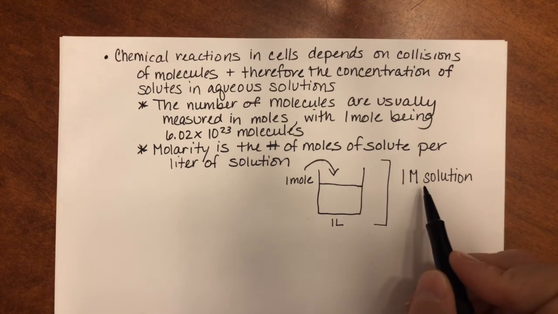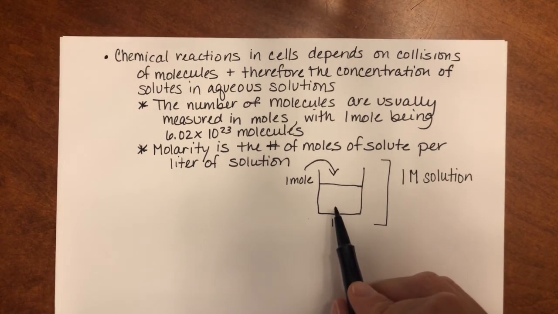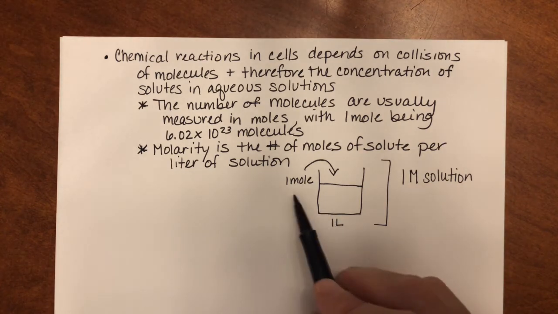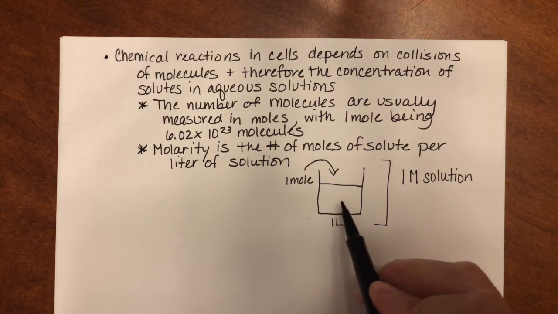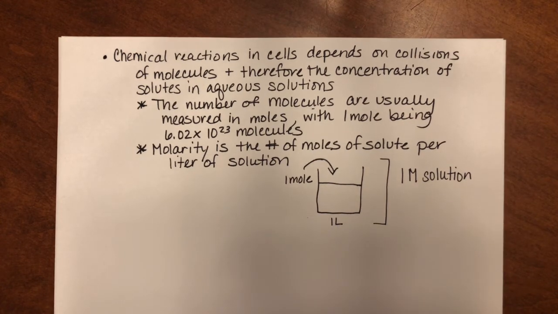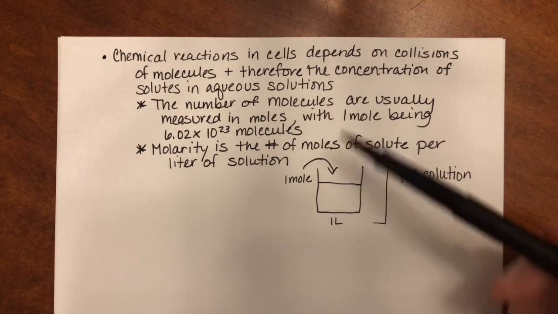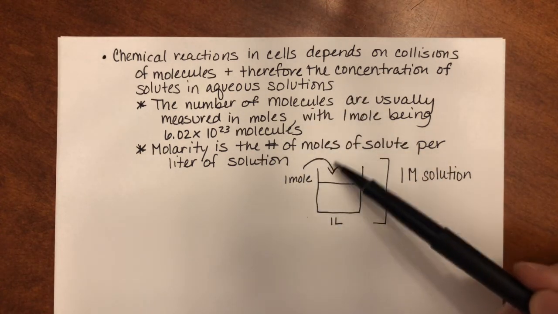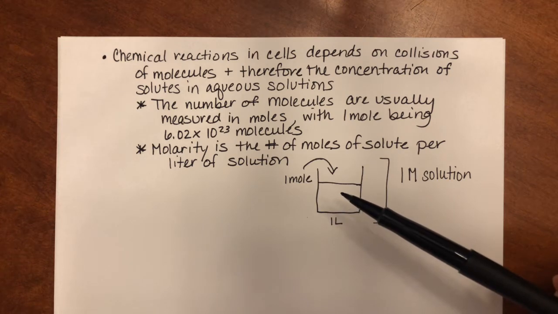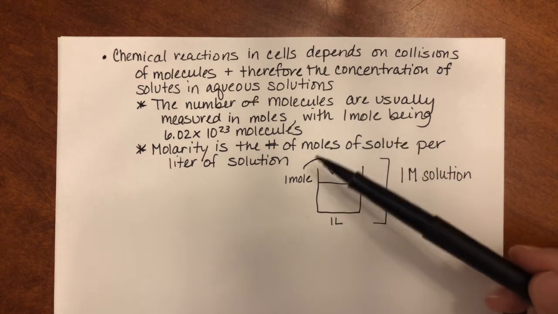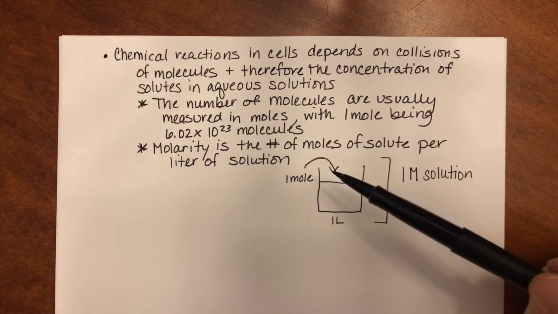A 1 molar solution has 1 mole in the liter, a 2 molar solution has 2 moles of the solute in that liter of water, and a 0.5 molar solution would have half a mole dissolved in the liter. This will come up later when we dissolve things in water, and the concentration will be described in the concept of moles and molarity. I wanted to bring that up now since we're talking about water.